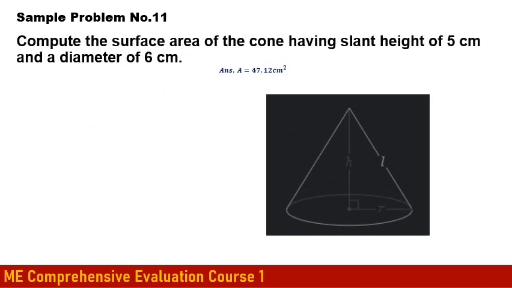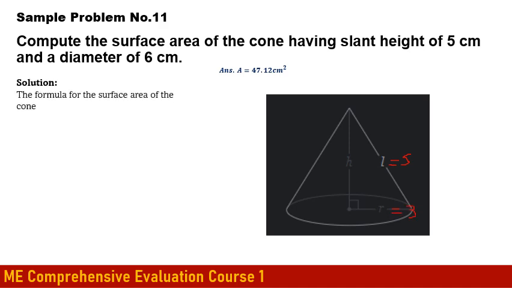Sample problem number 11. Compute the surface area of the cone having a slant height of 5 cm and a diameter of 6 cm. The slant height is given as 5, and the diameter is 6, so the radius is equal to 3.